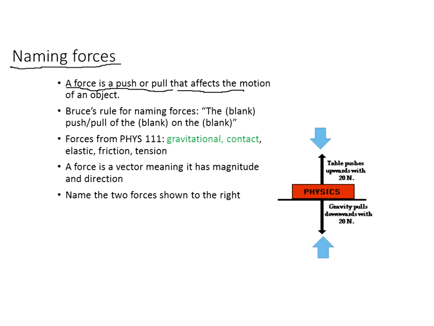But if we took one of those forces away, if we took away the table, I should have done a little bit of magic here so I could take away the table, but if we took away the table so that that force disappeared, then this book would accelerate downward. So having the table there affects the motion of the object, because without the table it would have a different motion. But we want the table back.